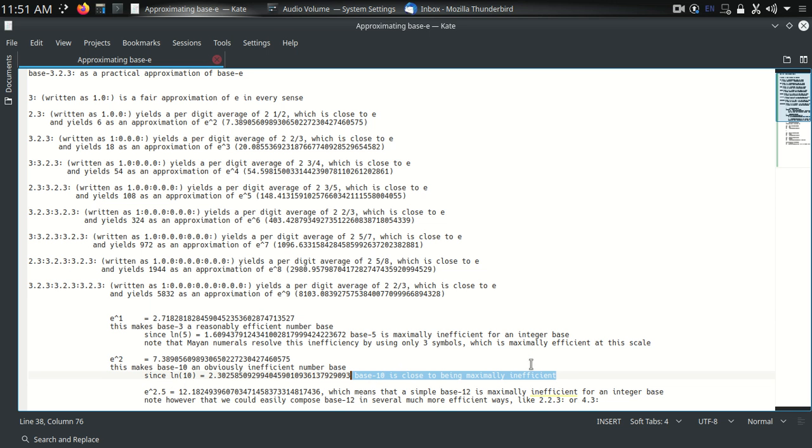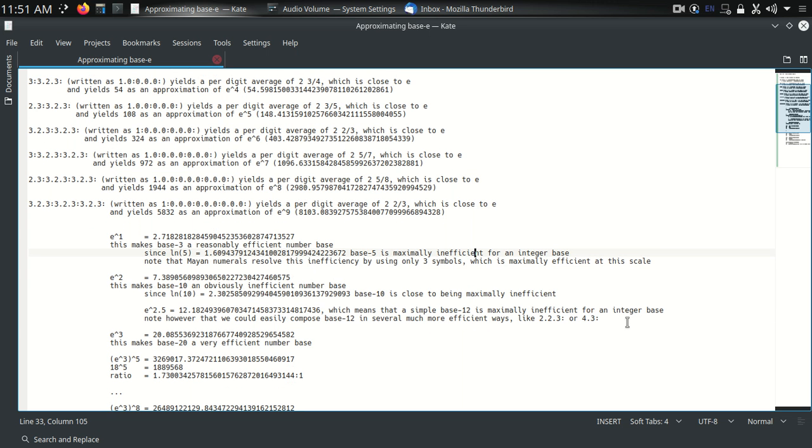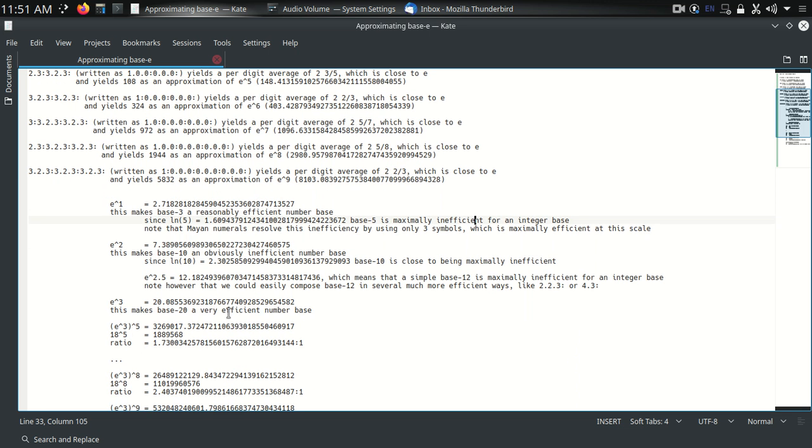We literally do use 10 distinct symbols: 0, 1, 2, 3, 4, 5, 6, 7, 8, 9, which keeps us very close to being maximally inefficient, right? Base 5 is maximally inefficient, but the Mayan numeral system only uses 3 symbols, so that brings its inefficiency down. It increases its efficiency. And then that is set within a base 20, which is exceptionally efficient.